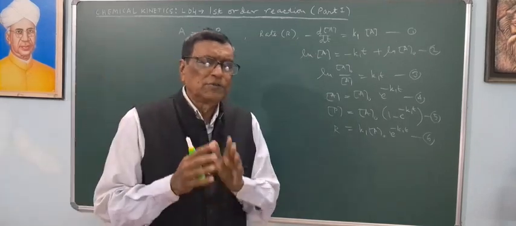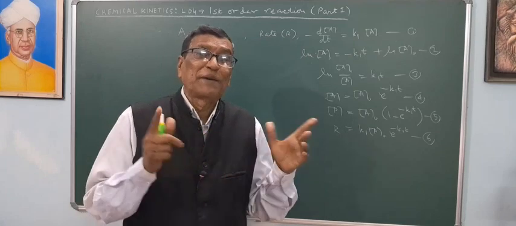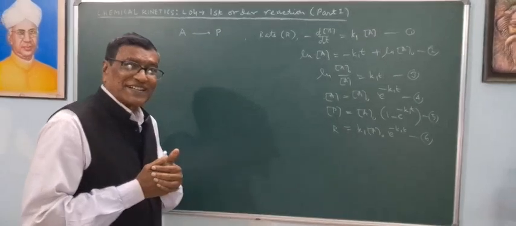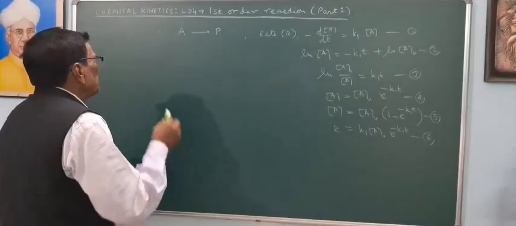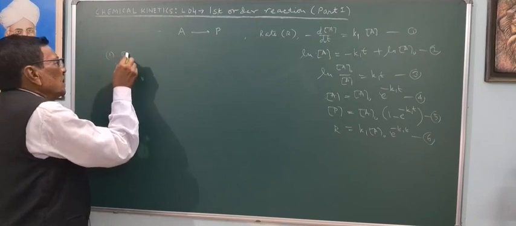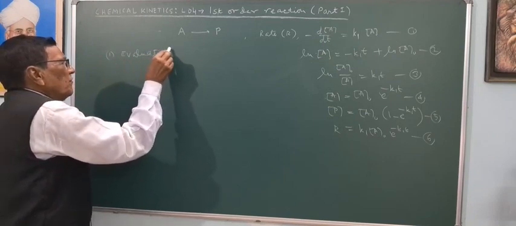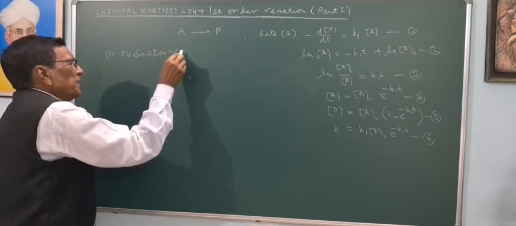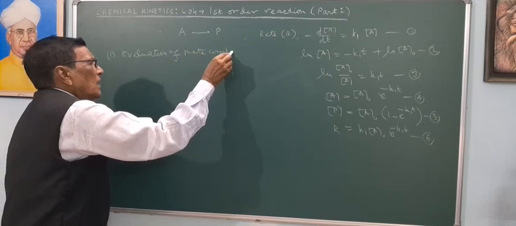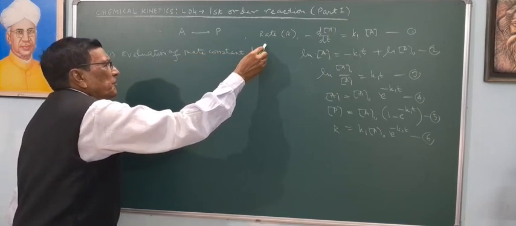Now I would like to draw some graphs to find out the important parameters of this equation. Say, evaluation of the rate constant K1.